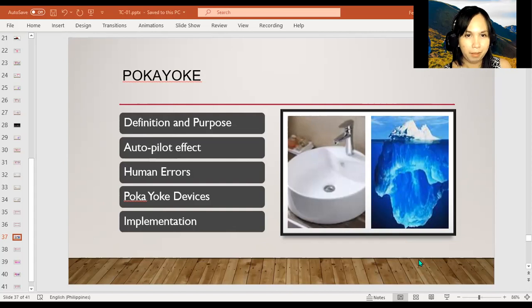Take this bathroom sink as an example. A potential mistake is that someone may close the drain plug, start running water, and walk away. And then after a few seconds, water could potentially spill out of the sink unless, of course, the sink has an overflow drain hole.